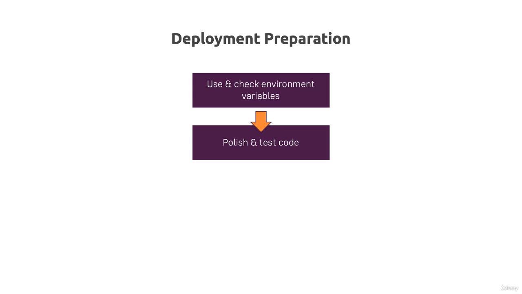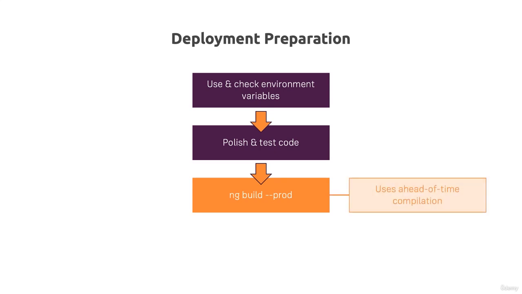Because the application you're shipping has to be downloaded by every user using your website, and therefore it should be as small as possible so that your users have to download as little as possible. And you do all that with the ng build --prod command. You already saw that in the optimizations module, because you also need to run this to implement ahead of time compilation, and that's just one of the many optimizations the Angular CLI does for you behind the scenes.